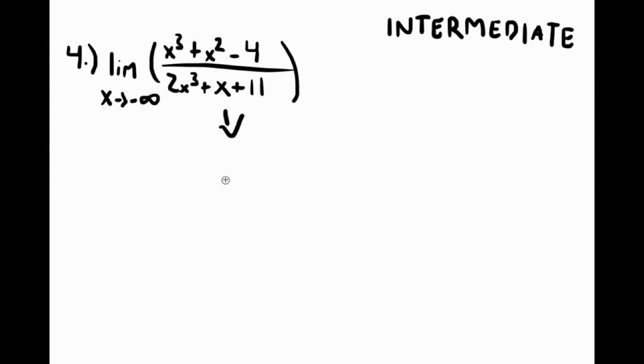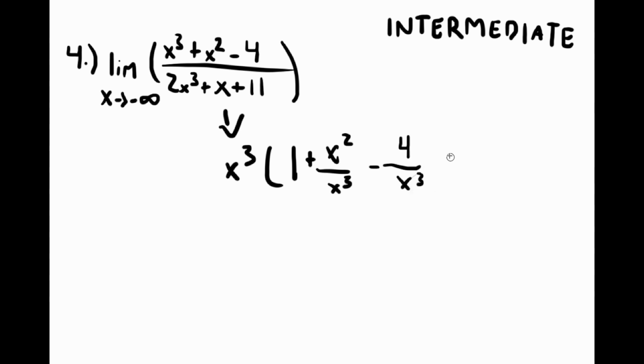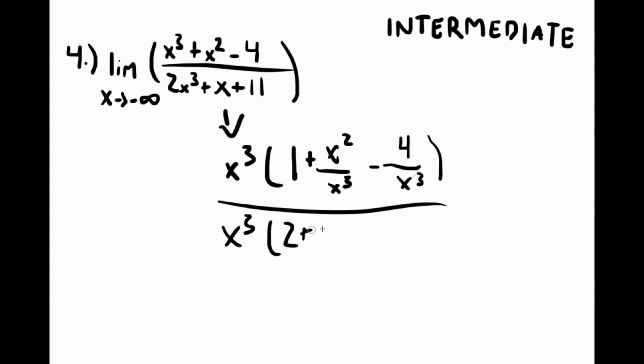So we can change this denominator into x to the third times 1 plus x squared over x to the third, minus 4 divided by x to the third, divided by x to the third is 2 plus x over x to the third plus 11 divided by x to the third.